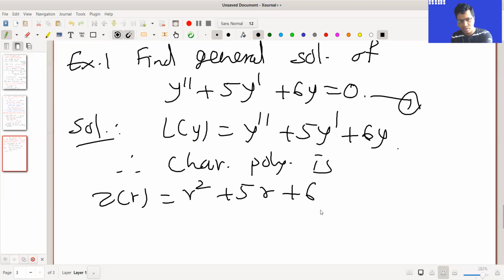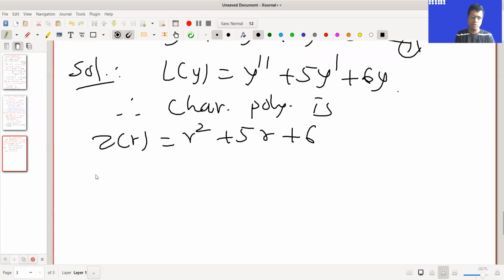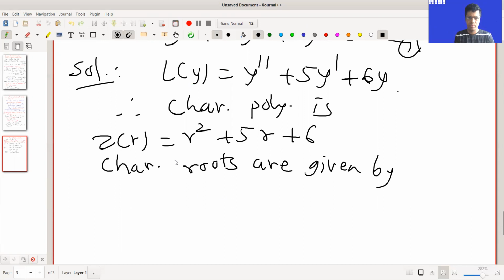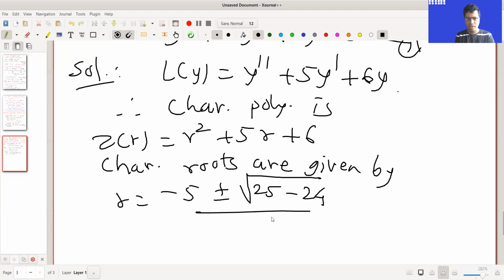Now we find the characteristic roots. This is a quadratic equation, and we find the roots as usual: r equal to minus 5 plus or minus the square root of 5 square, that is 25, minus 4 into 1 into 6, so 24, divided by 2.